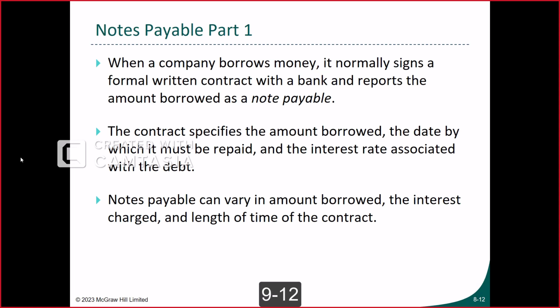So when you buy from your supplier on credit, and if your supplier requires you to sign a note payable, which is a note receivable from their side, then that note payable has to be accounted for separately, and should not be mixed with the account payable.